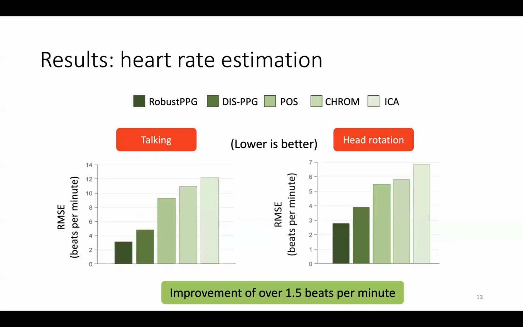We also observe an improvement in the root mean square error of the estimated heart rate using our proposed approach. In all the cases, our proposed method achieves no greater than 3 beats per minute error in the estimated heart rate, and therefore this can prove to be useful in many clinical settings.